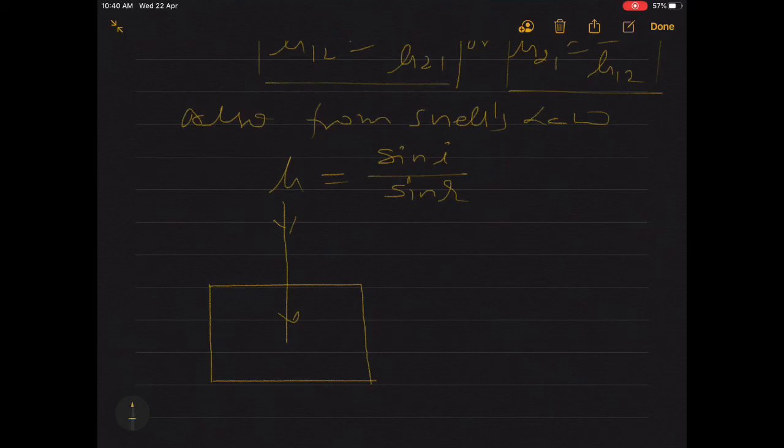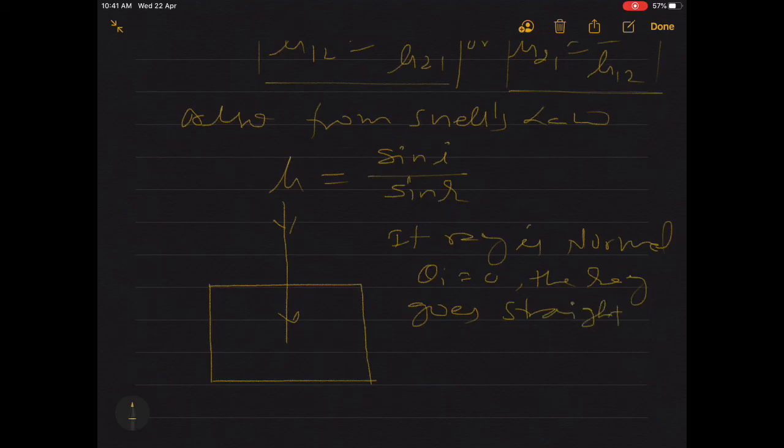If the ray is entering along the normal, then theta i would be 0, and you can see the ray goes straight. So theta r is also 0. In that case, Snell's law is not followed.